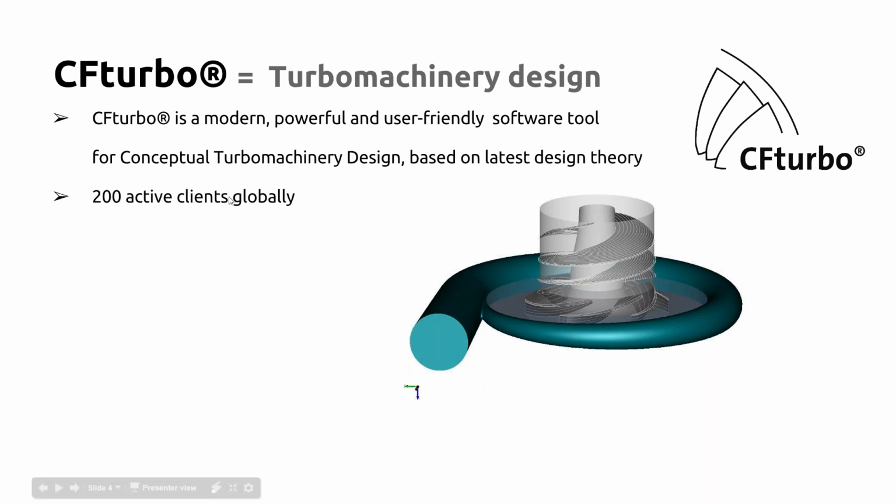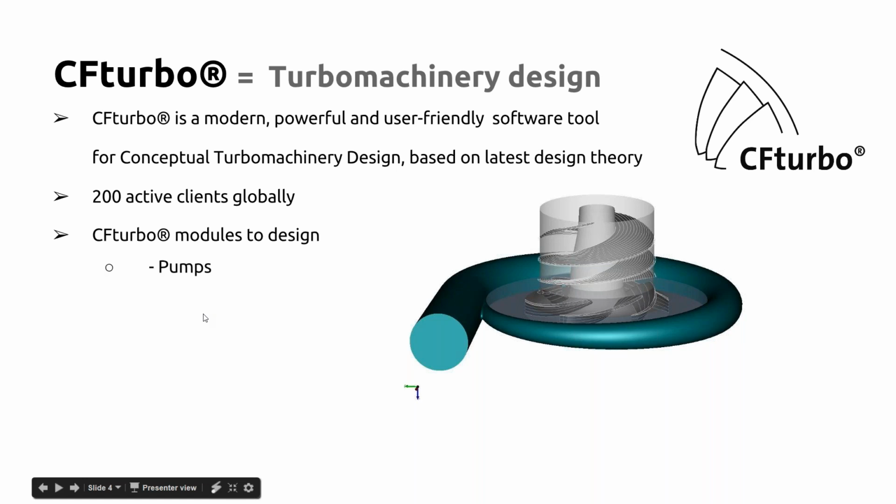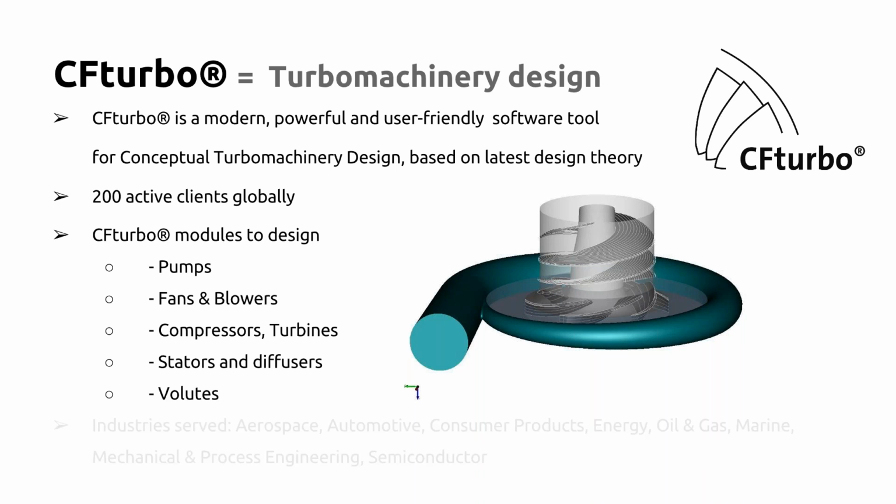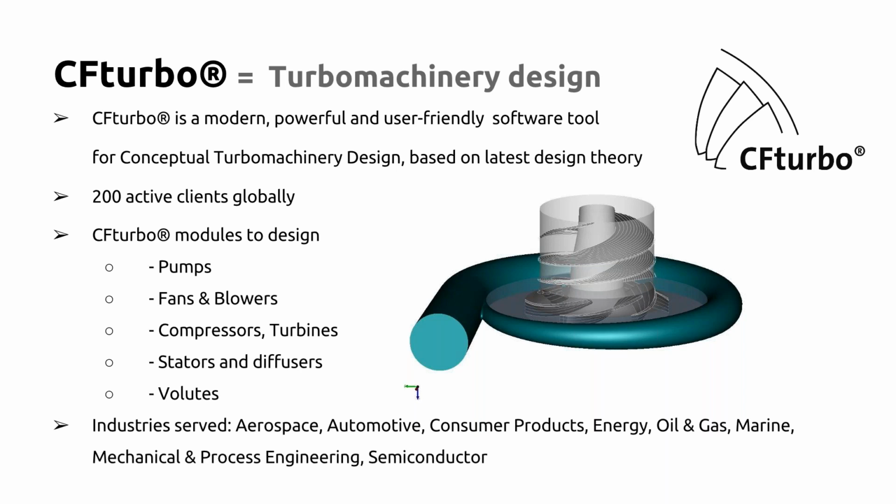Okay, thanks, Luboš. Right now we have 200 active clients globally, and we see an ongoing growing process. CFturbo has different modules implemented to design pumps, ventilators, which are fans and blowers, compressors, turbines, plus stators and diffusers, and of course volutes if there is a radial or centrifugal turbo machine to be designed.